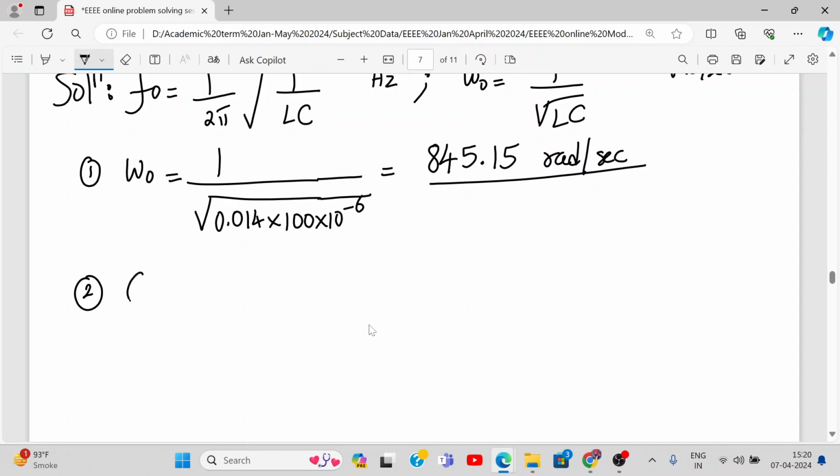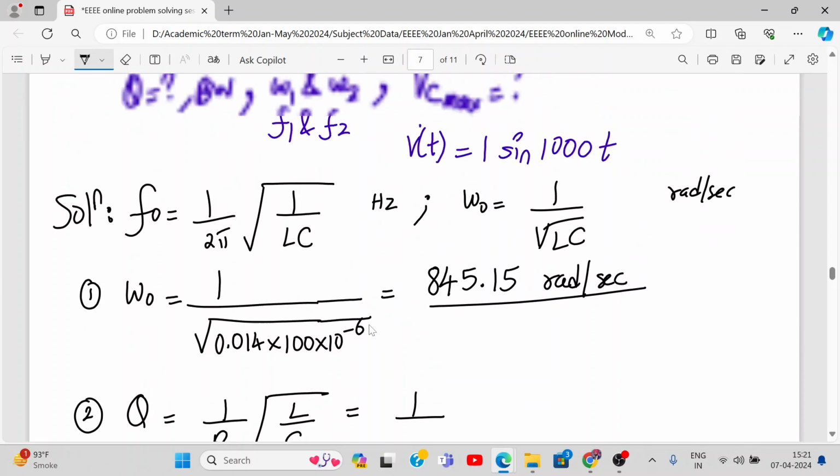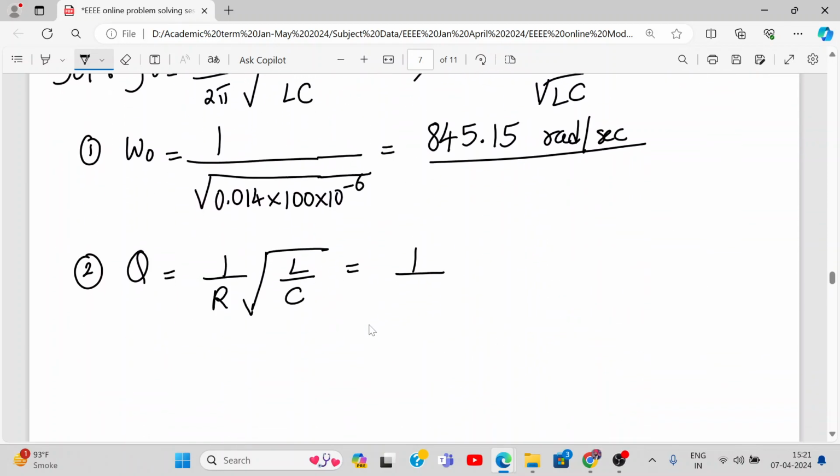Okay. Next is quality factor Q, given by the formula 1 upon R square root of L by C. So R is 10 ohms, L is 0.014, and C is 100 microfarad. Calculate the quality factor now. Straightforward substitution in the calculator, that's it.